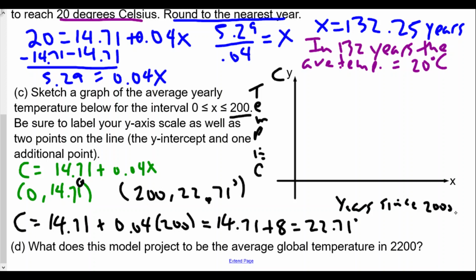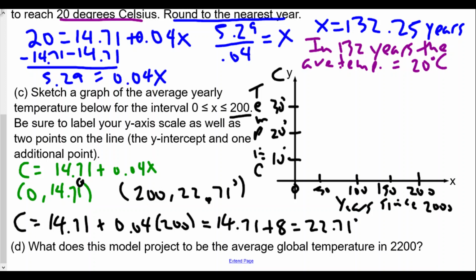All right, so since we're going from an interval from 0 to 200, here's our 0 value here, and I guess let's make this 200 here. I like, again, splitting stuff in half, 50, and there's 150 here. And so we have our initial value, or in this case, when x equals 0, our temperature is going to be 14.71. So I'll make increments of 10, 20, 30 degrees.